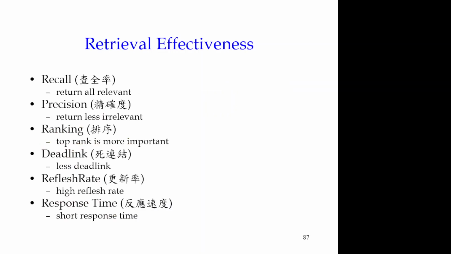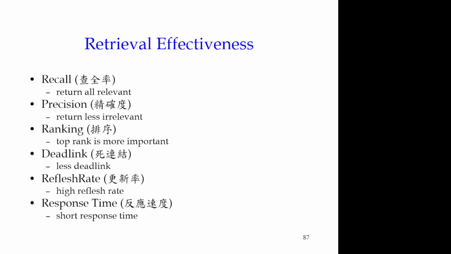In retrieval, we usually use the following metrics. The first one is recall. Recall tries to return all the relevant documents you should return to a user. It's called recall.